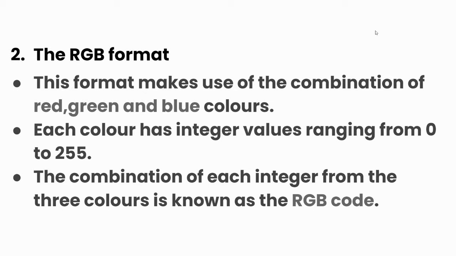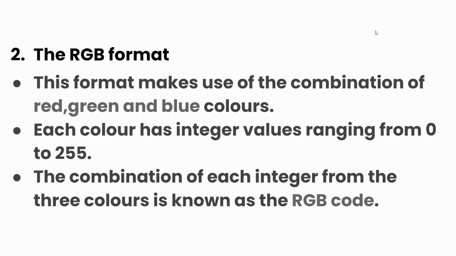Now let me explain. Each of them has values ranging from 0 to 255, and the value of 0 depicts the lightest variant of that color. So to get the lightest red, you'll be using the value 0, and to get the darkest red color, that would be 255.